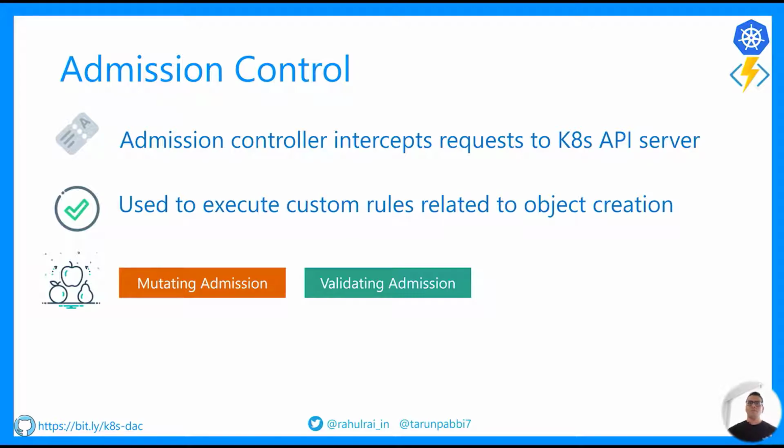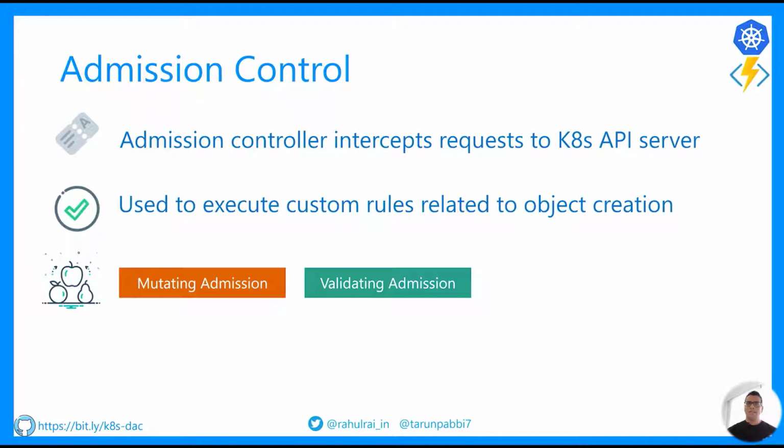Admission controller webhooks are of two types. The first one is mutating admission webhook, which intercepts admission requests that match the rules defined in mutating webhook configuration. The matching webhooks are invoked in sequence, and each one may modify the object if it desires. If you have used any popular service mesh, such as Istio, this is the component that adds sidecar to your pods.